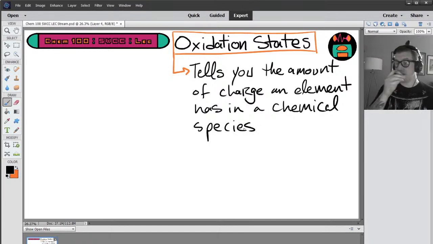It tells you the amount of charge an element has in a chemical species.